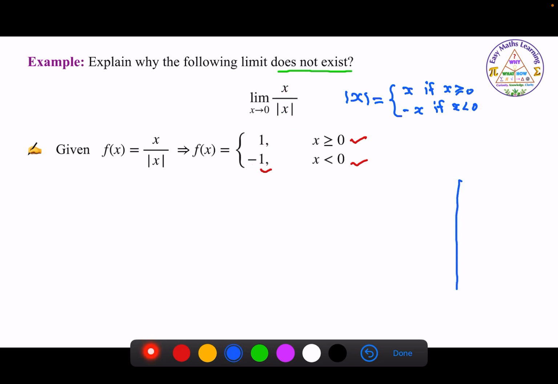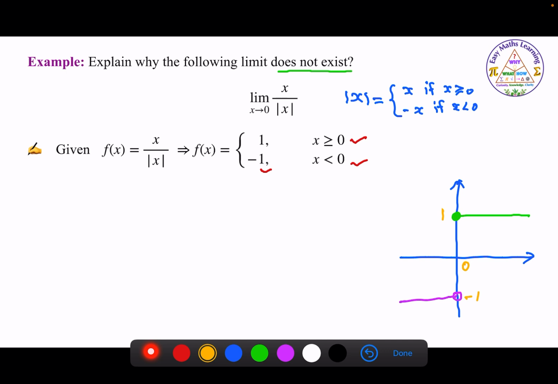If you draw the graph of this function, see, at 0 the function has a jump. For x greater than 0, it is 1, and for x less than 0, it is -1. So this is the graph of the function.